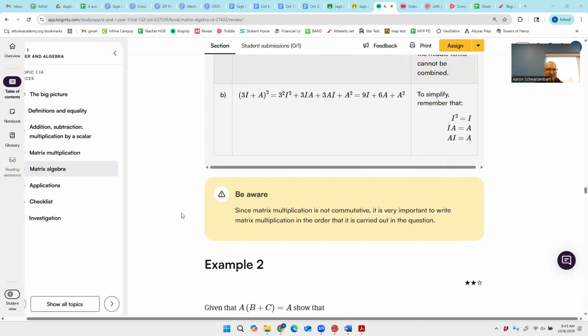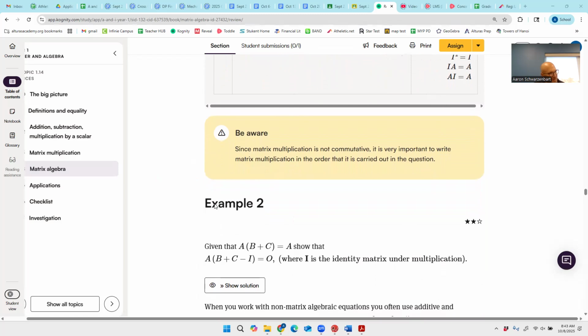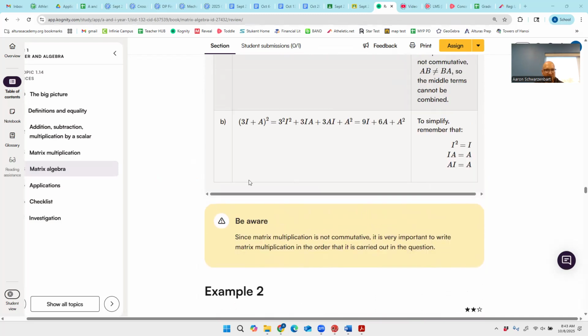Okay, this one down here. The A times 3I also just simplifies to 3A. Then 3A plus 3A can simplify to 6A. And the A squared is the same; A squared I can't do anything with.